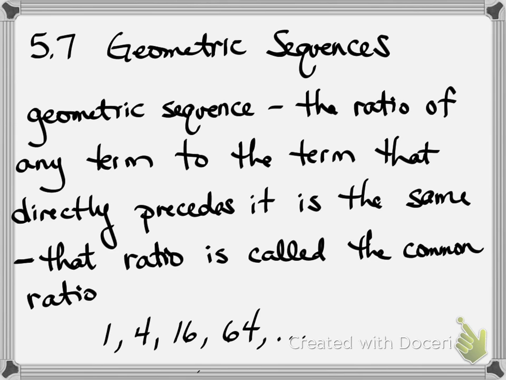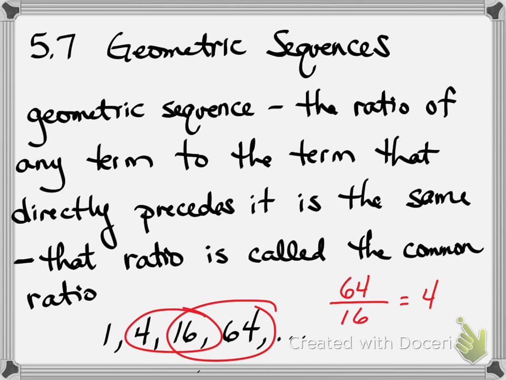So geometric says if you take two terms, the ratio that you get from any term to the one that precedes it, the one that comes before it, is the same. So I chose 64 and 16. I could choose 16 and 4. 16 over the number before it is 4. So we have a common ratio.